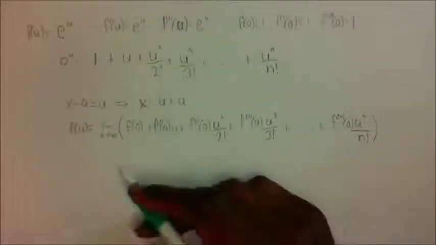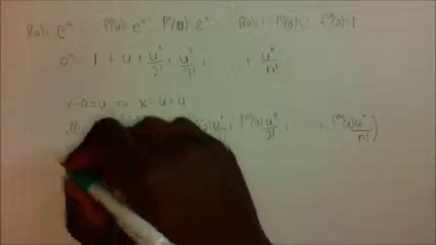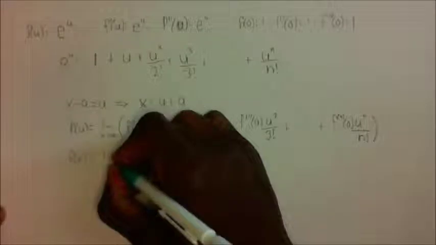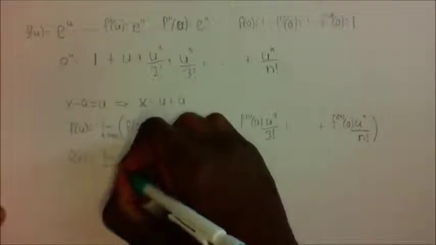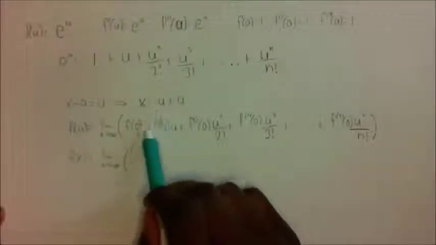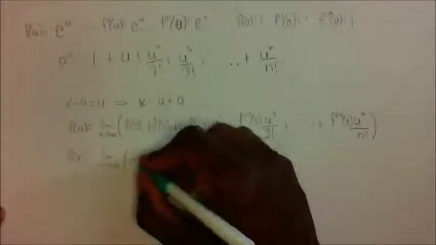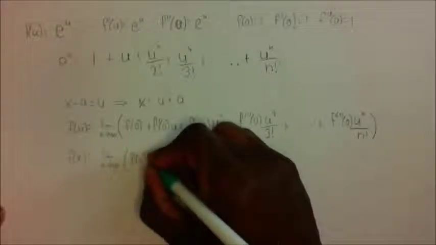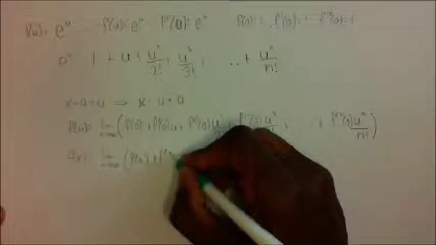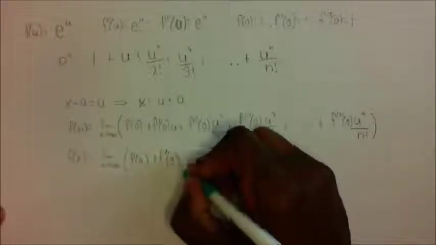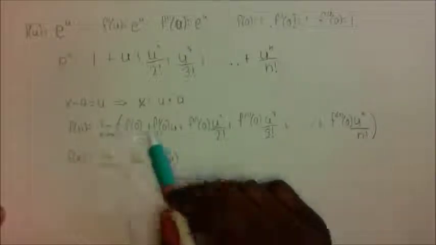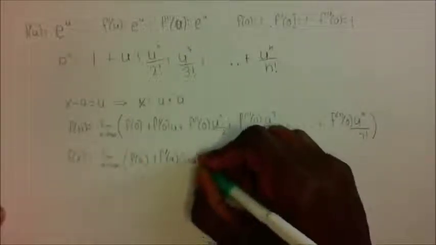So in this case, f of x is equal to the limit, again, as n approaches infinity. Now, as we said, x equals u plus a. So if u equals 0 here, it's going to be f of a, plus f prime a, and u is equal to x minus a. So it's going to be x minus a.